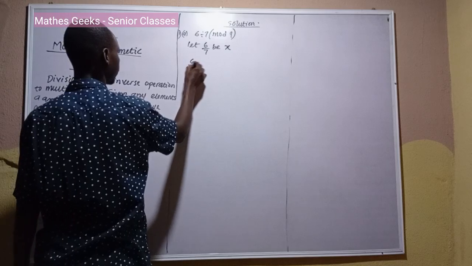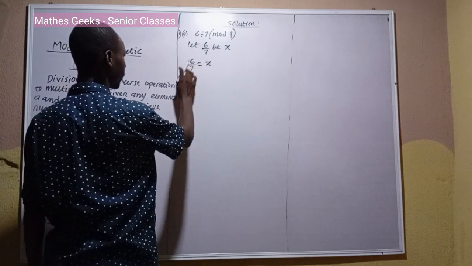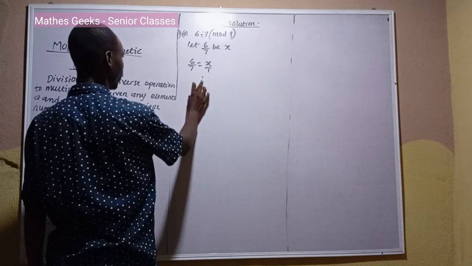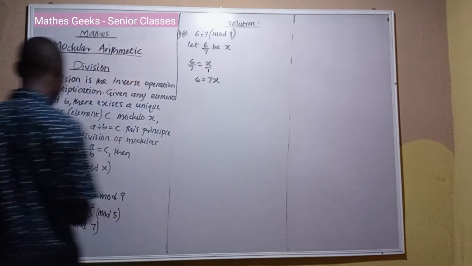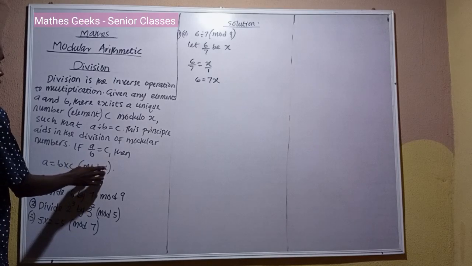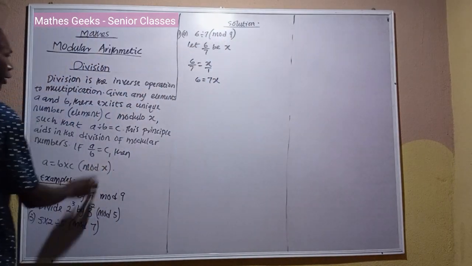So 6 over 7 is equal to x. When we cross multiply, 6 is equal to 7x. Remember, we are carrying out this division in mod 9, and here is mod x.